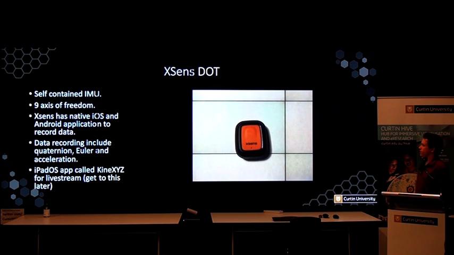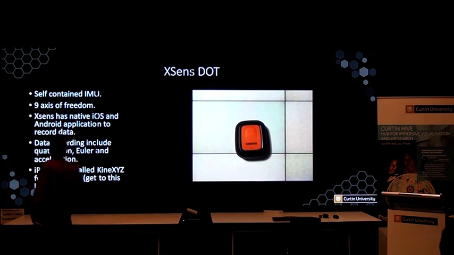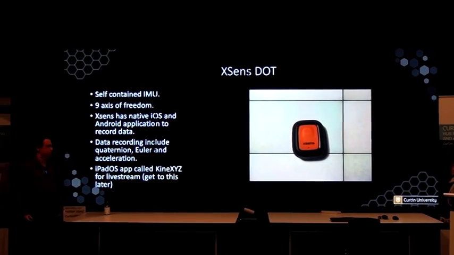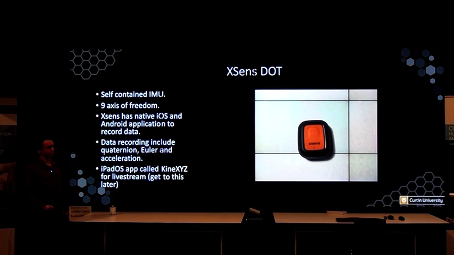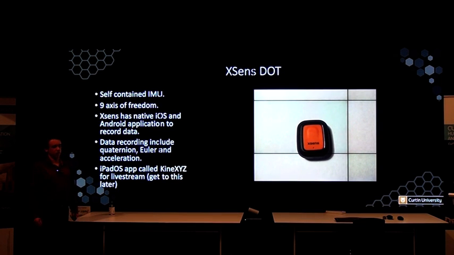All right, so the Xsens App, and I might have to come down here. It's a self-contained IMU. IMU stands for Inertial Measurement Unit. It also stands for many other things. It's got 9 axes of freedom. The IMU basically has a gyroscope, a magnetometer, which is something I didn't need to use, and the accelerometer, so it measures those 3 things.